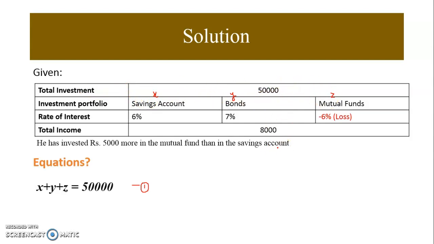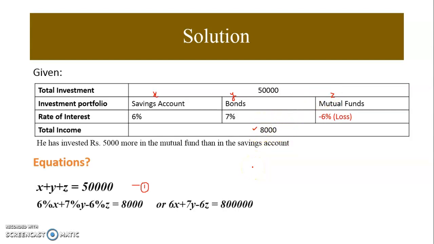Now the next equation. We know that the total income is 8,000, and we can calculate the total income by multiplying the rate of interest with the amount invested, right? So 6% into X plus 7% into Y plus, but since this is negative, minus 6% into Z gives us the total income, and it is 8,000.